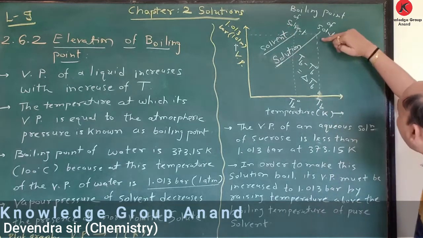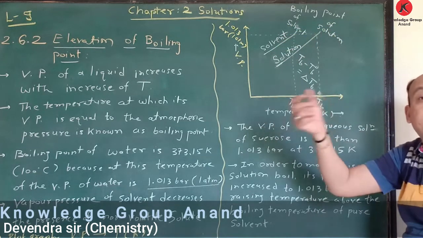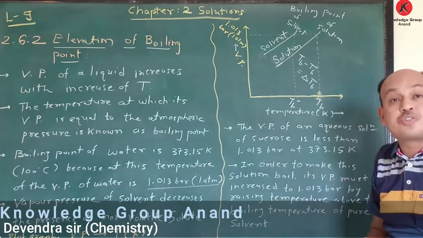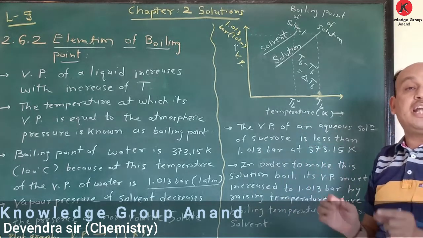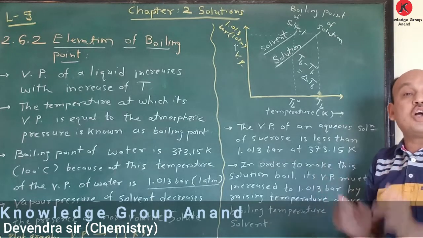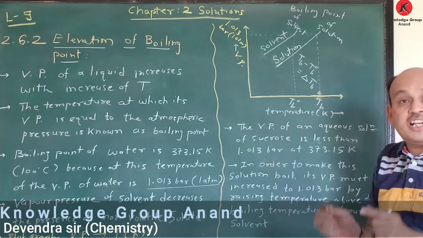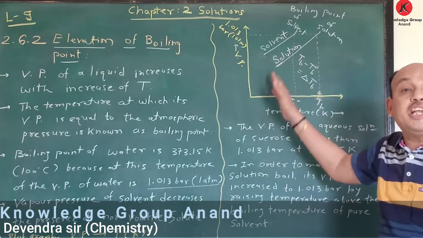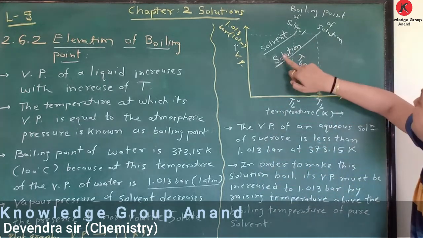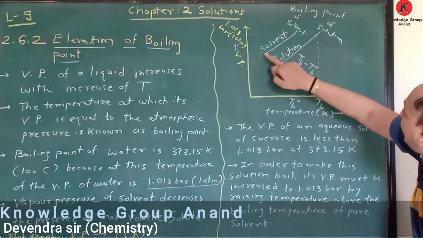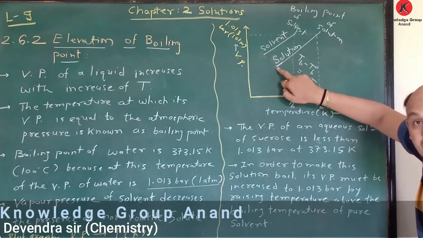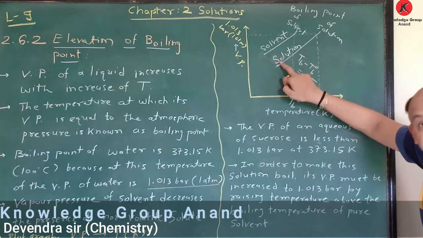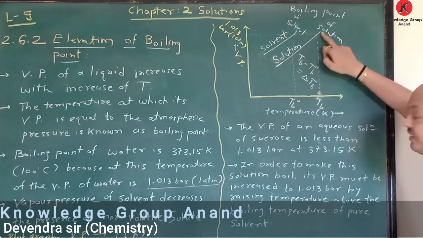And here, once again, in this pure solvent, suppose we add 1 mole of glucose or sucrose, whatever quantity of solute. It does not depend on the nature but on the number of solute particles, so it's a colligative property. Due to this, the solution made up of solute plus solvent has decreased vapor pressure, and the graph is shown this way.